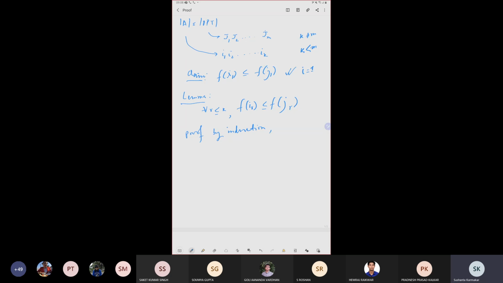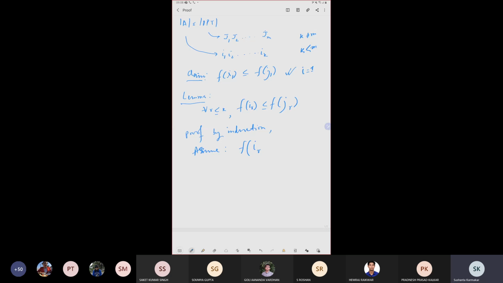Now, the second step of induction is naturally the inductive step, which says that let us assume, up to r minus 1, the finish time of the (r minus 1)th interval according to our algorithm is less or equal to the finish time of J r minus 1.